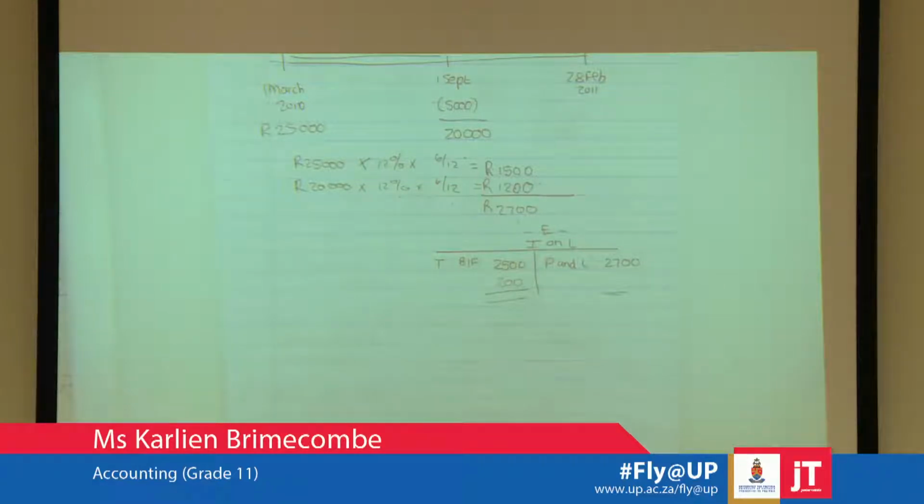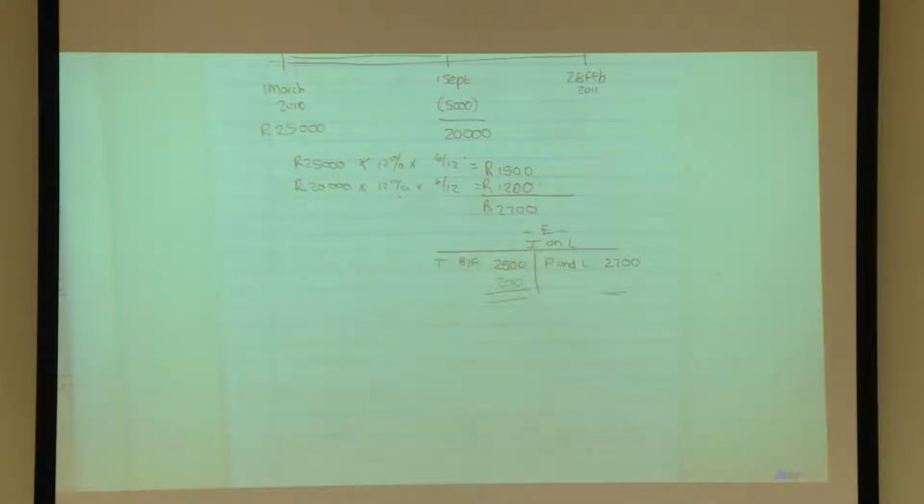How would you show it? In your income statement, you would have net profit before interest expense. Then you would have interest expense. So in brackets, you will have 2,500 which you've written, and now you will just add 200.